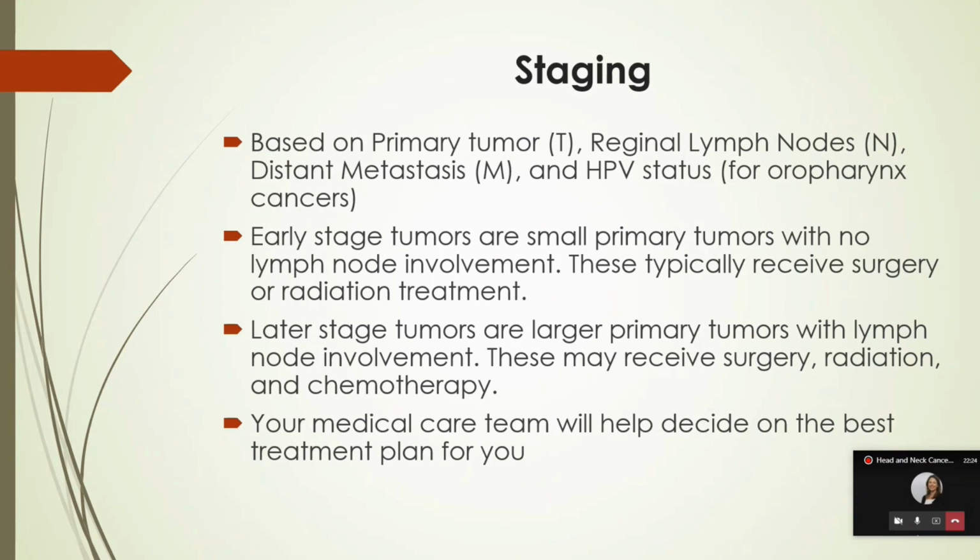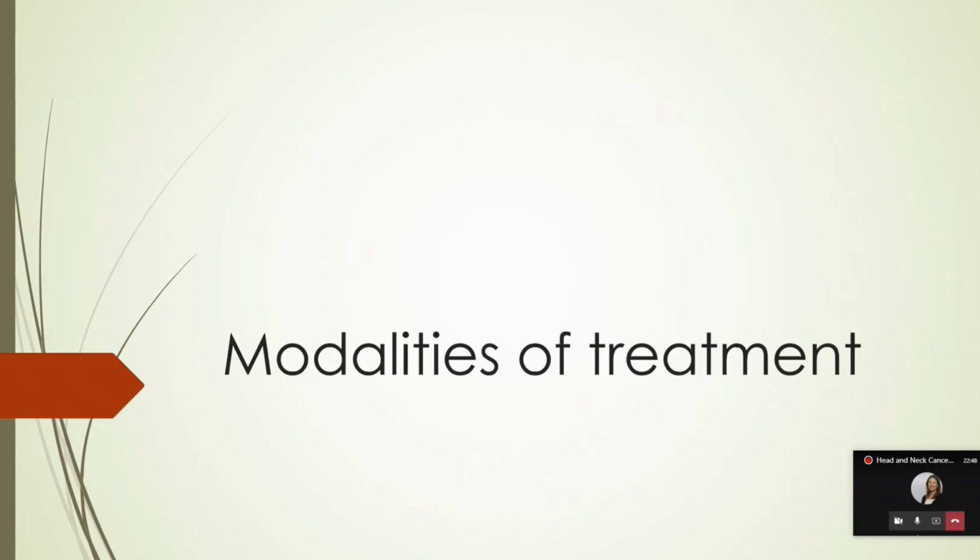Later stage cancers tend to be a little bit larger and may have lymph node involvement, and these patients tend to receive really any combination of treatment. Might be surgery, might be radiation with chemotherapy, or just chemotherapy alone. So the medical team will help to decide the best treatment plan, and again, that's based on staging and also the fit of the patient.